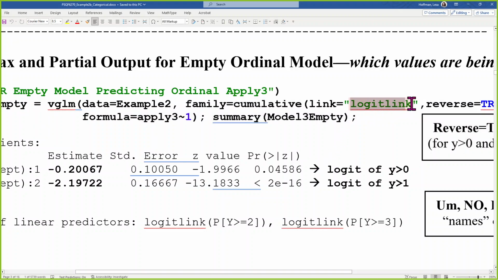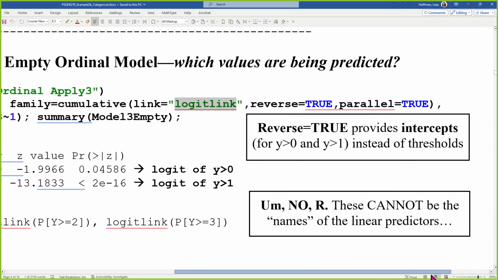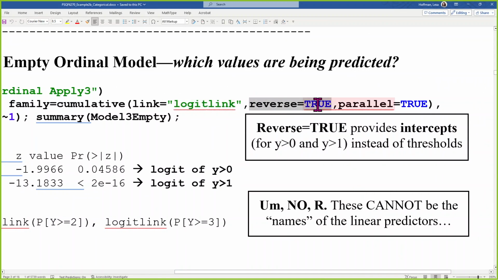And I'm using logitlink to do it. Reverse equals true. That is how you make it go the right way. I truly want you to reverse the model so that I get intercepts instead of thresholds. Truly. Parallel equals true, we'll get to in a minute.